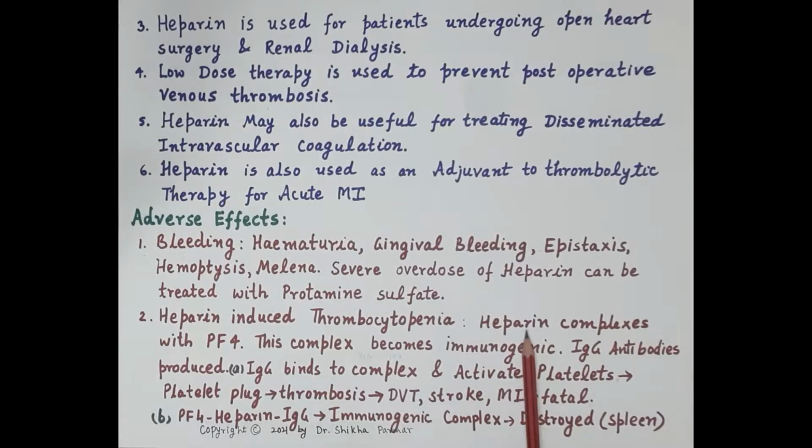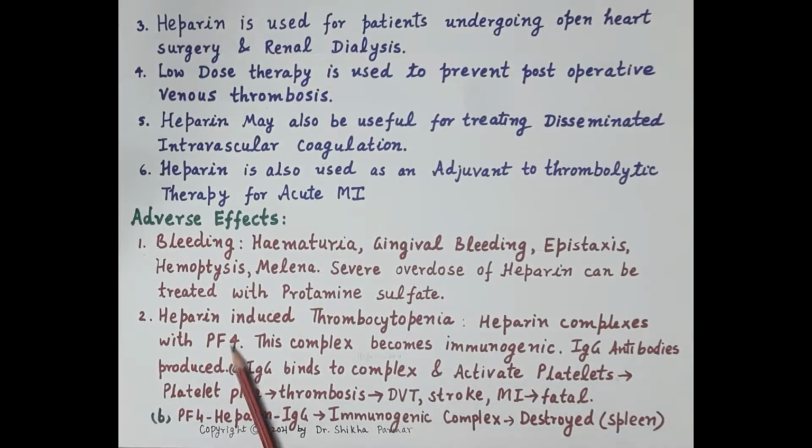Heparin complexes with platelet factor 4. Platelet factor 4 is located on the membrane of inactive platelets. So heparin complexes with platelet factor 4. Now this complex of heparin and platelet factor 4 becomes immunogenic, and therefore IgG antibodies are produced.